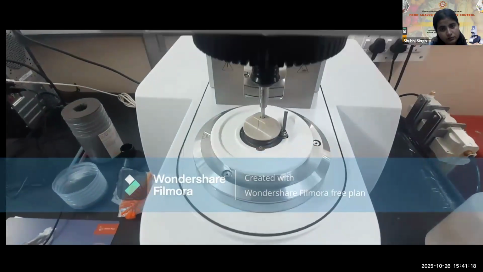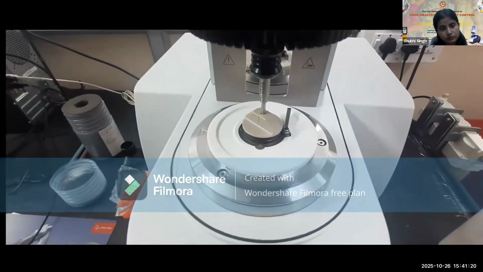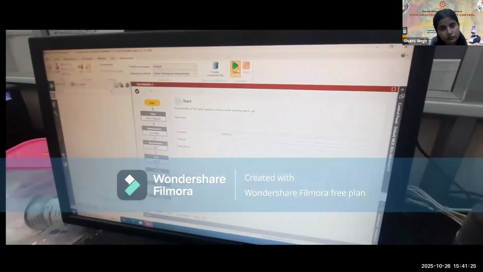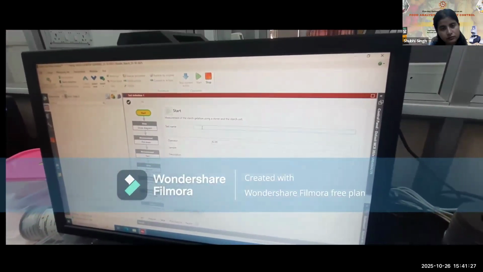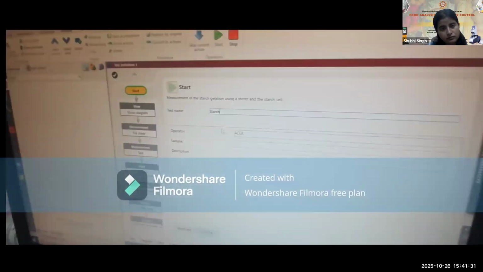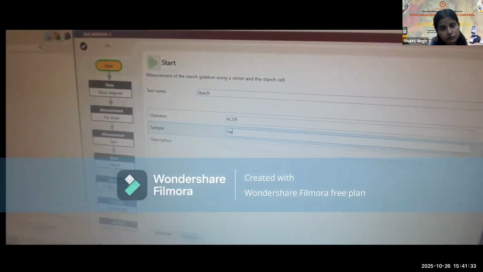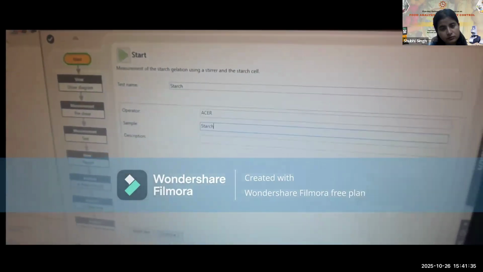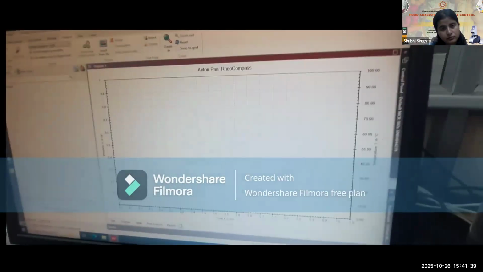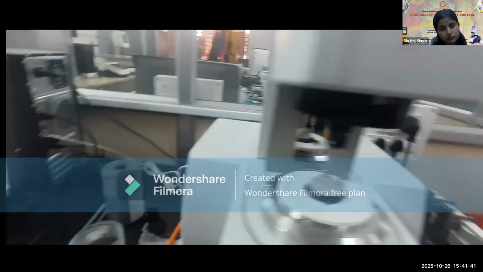The lid is put tightly to prevent the spillage of the sample. The experiment is started by pressing the start button from the input panel, and simultaneously the name of the sample is fed from the control panel as starch.